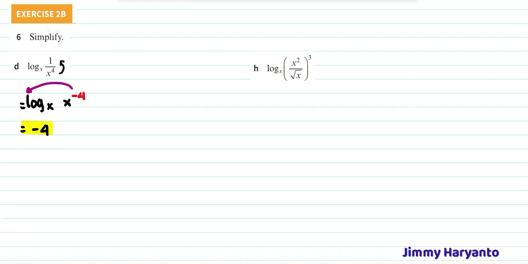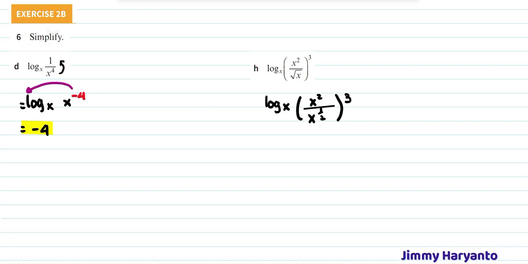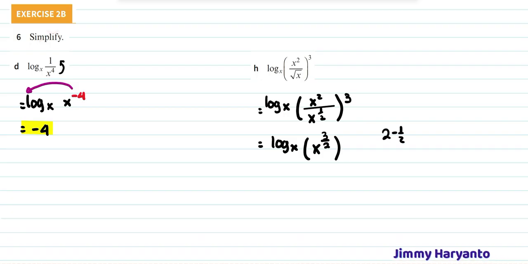The second one is the same. You will write down the log x first, and then simplify the one inside brackets. You have x squared divided by x half. Square root will become half as the power, and then you simplify the one inside the brackets. You will have x to the power of 3 over 2, since 2 minus half is 3 over 2.